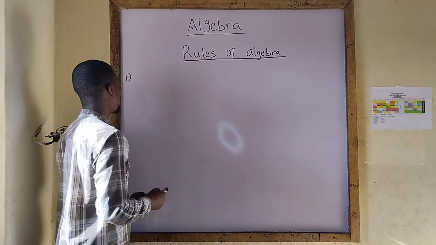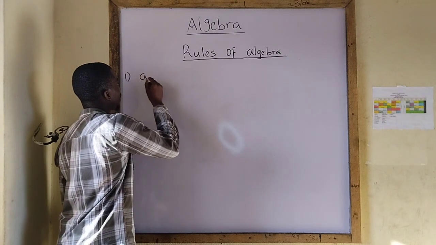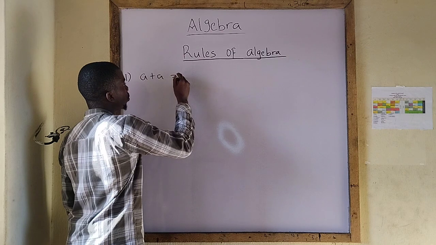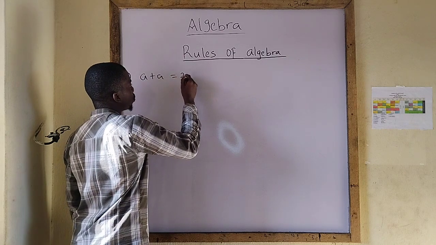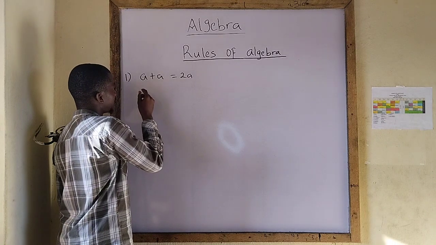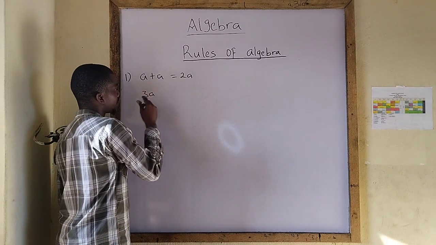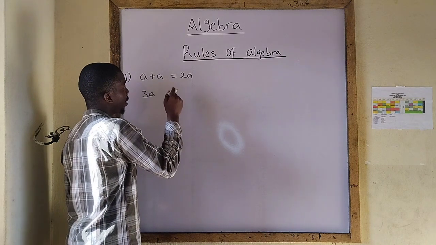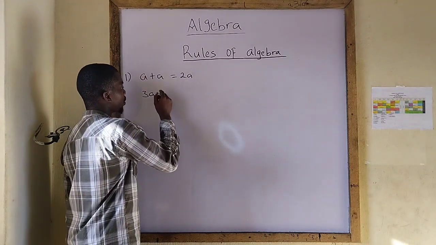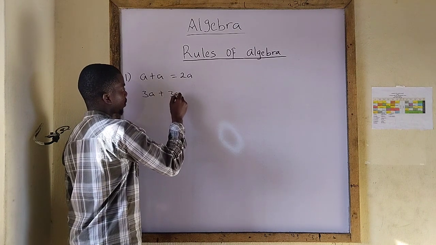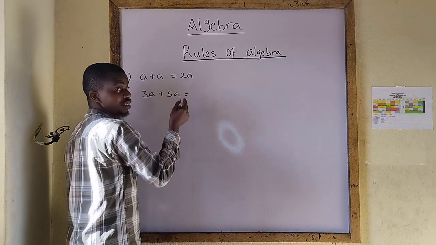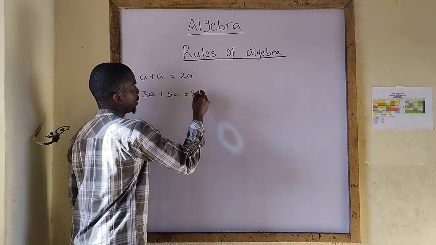That is to say, we can only add, for example, a plus a is equal to 2a. And we can only add the numbers that carry the same alphabet. For example, 3a plus 3a, or 3a plus 5a, and that's equal to 8a.